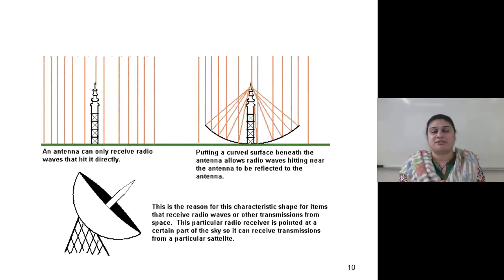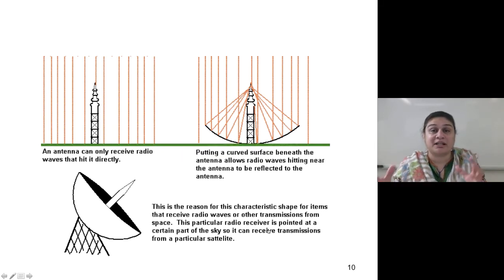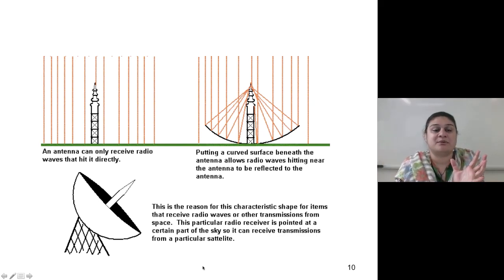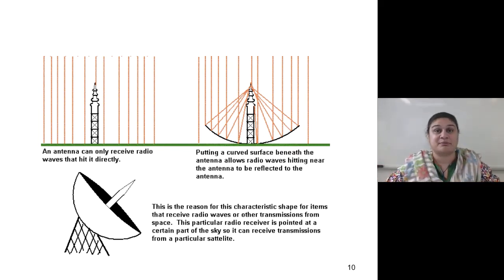So what is an advantage of a reflecting surface? I don't know if you've ever noticed your dish antennas, but they are always made in a parabolic shape. The idea is that incoming waves, if they did not have a reflecting barrier like this one here, would mostly become lost.